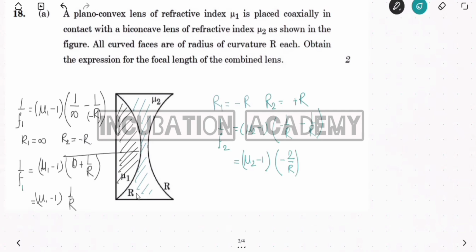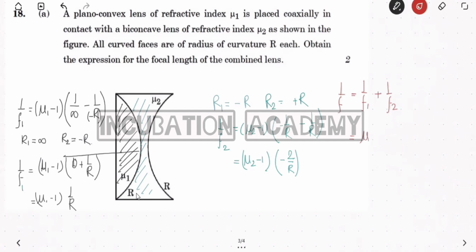So if I want to find the focal length of this combination, we can write 1 by f equal to 1 by f1 plus 1 by f2.